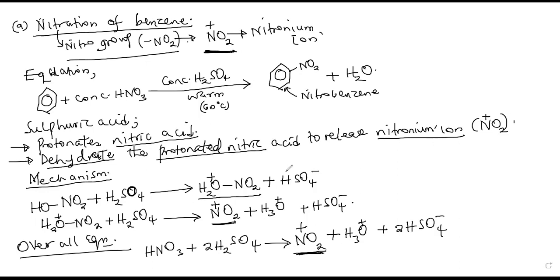So, ladies and gentlemen, since I've gotten the attacking reagent, now allow me to take you to another page and complete my reaction. What will take place is, we shall have our benzene ring.